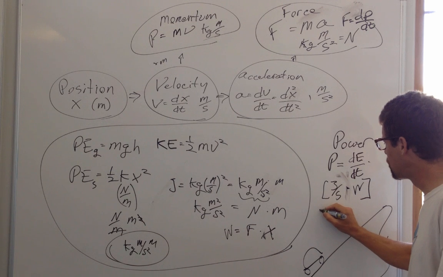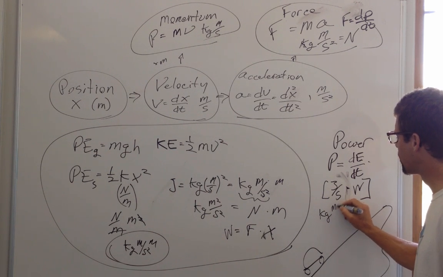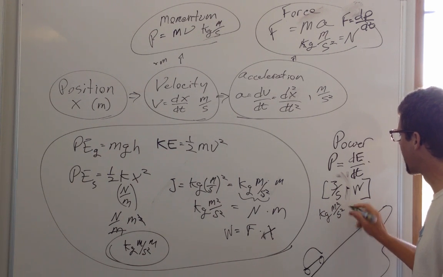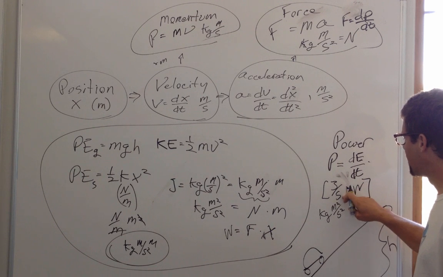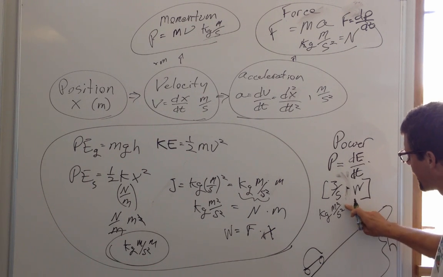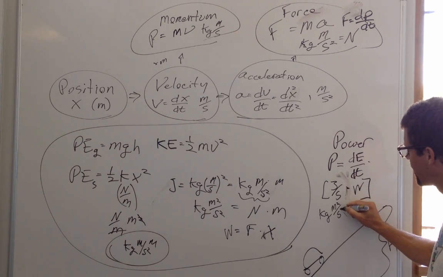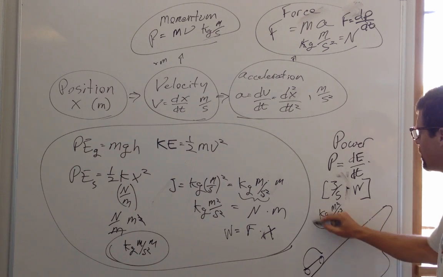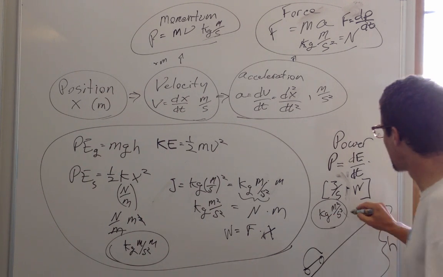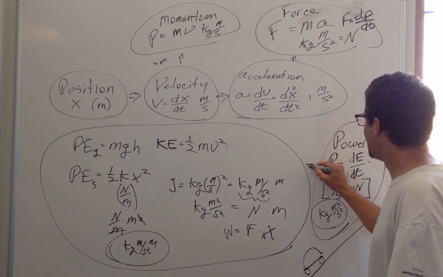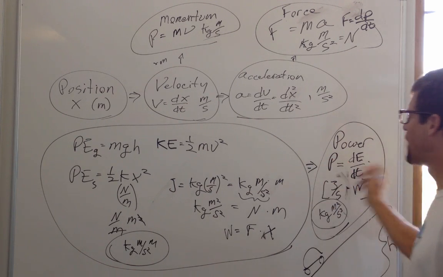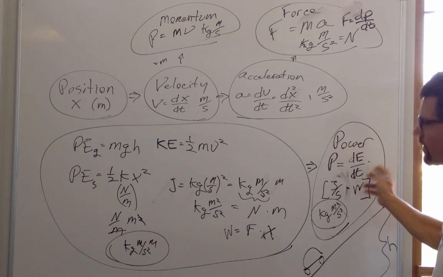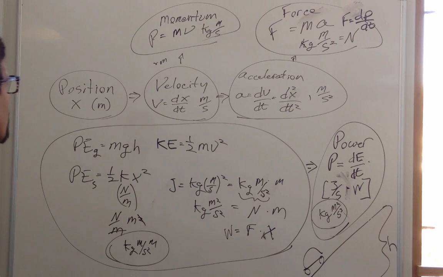And what is that? A joule is a kilogram meters squared per second squared. So a watt is a joule per second, so that would be second cubed. Let's finish it up. Your time derivative of energy is power.